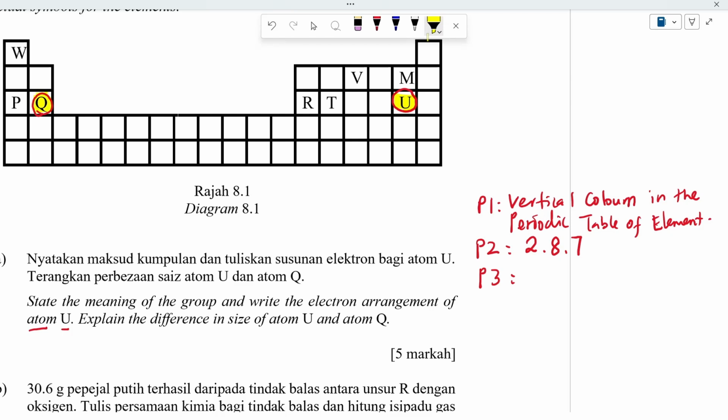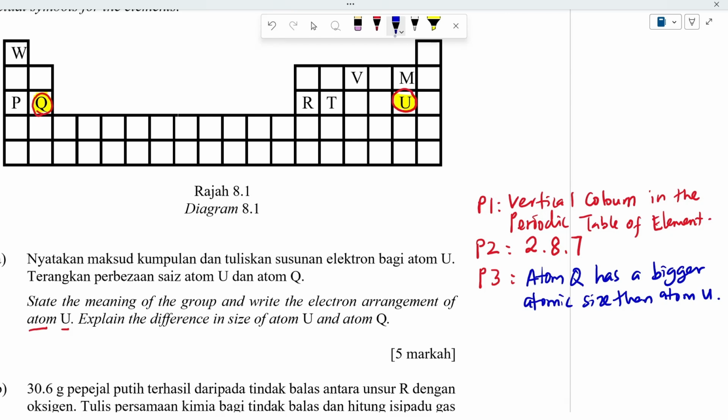Which one has a bigger atomic size or smaller atomic size? Atom Q has a bigger atomic size than atom U.